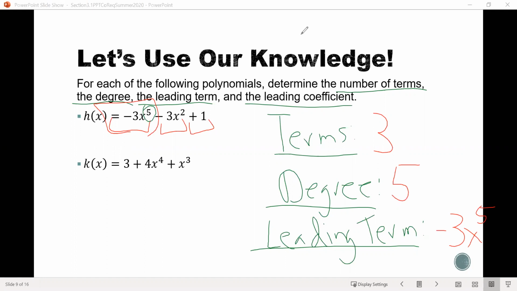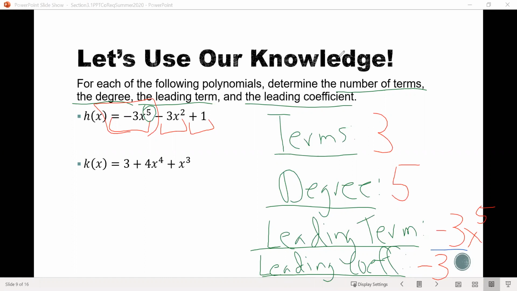And then the leading coefficient, which is another important thing to identify, is negative 3. That's just the coefficient from that leading term, the number in the front. So here, it's a negative 3.